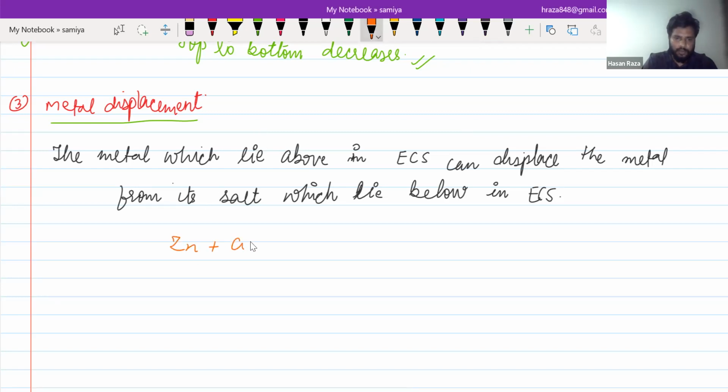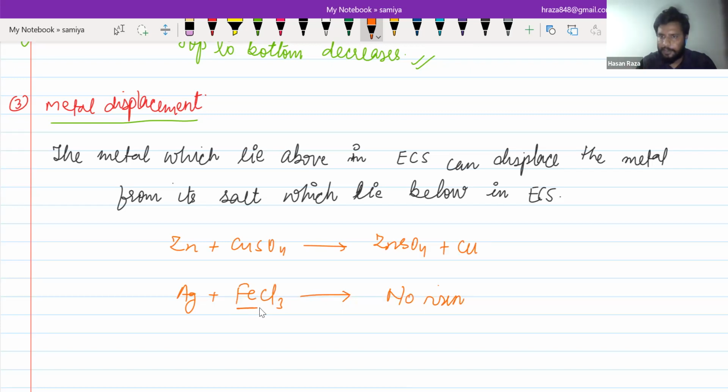Is that clear? So for this, I'm going to take an example. Zn plus CuSO4 will give ZnSO4 plus Cu. Again, here it is Ag plus FeCl3. Now, no reaction, since iron lies above Ag, so Ag cannot displace iron.